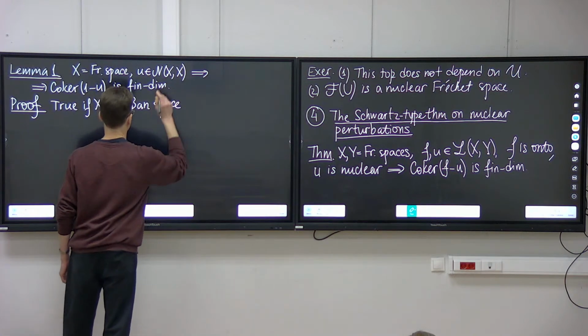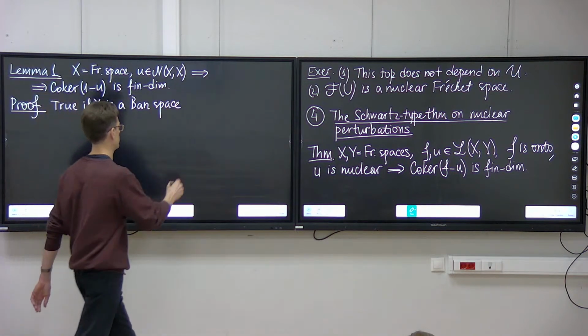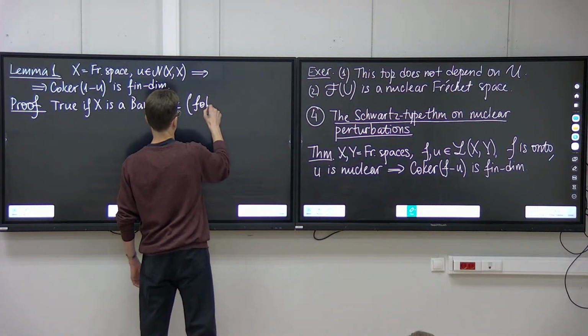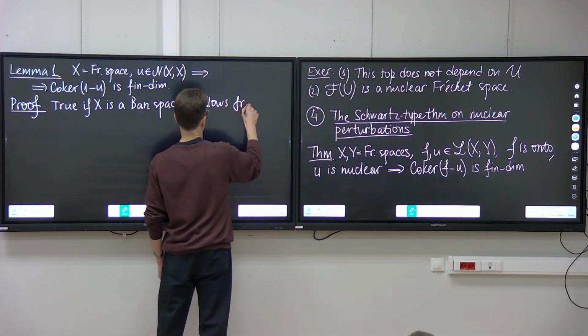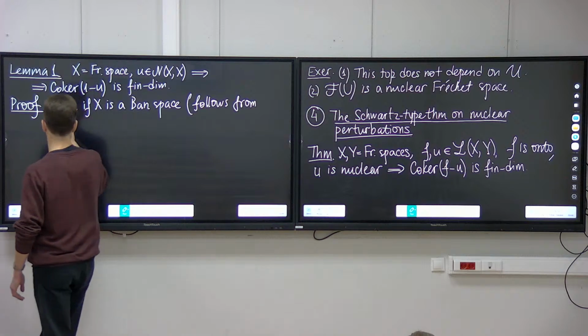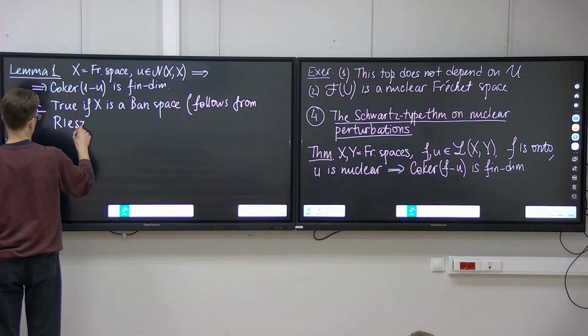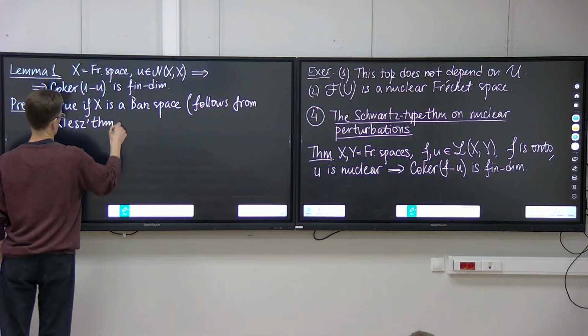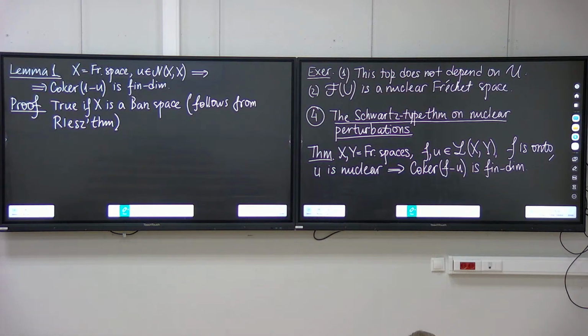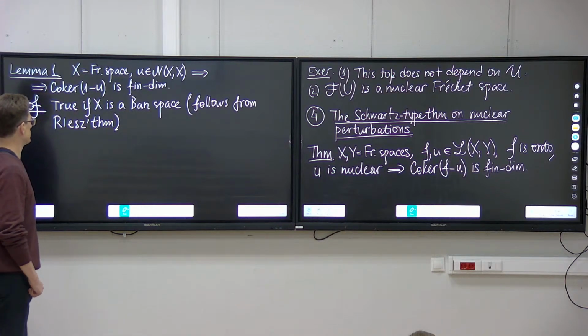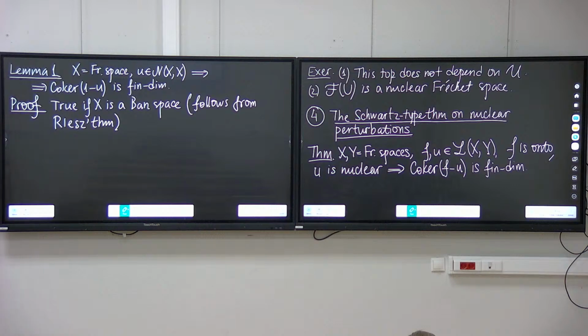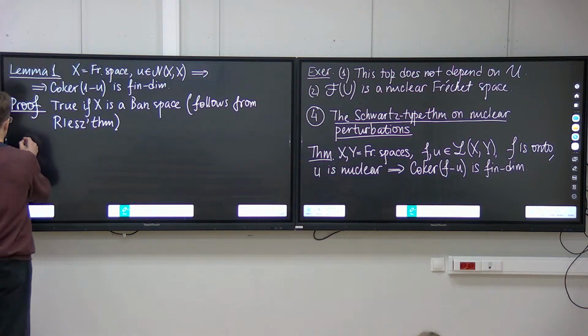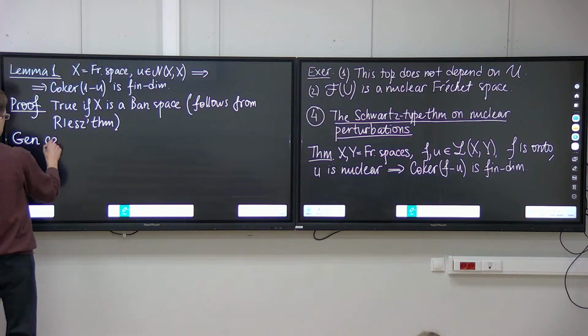This readily follows from the classical Riesz theorem, which is normally proved in any standard functional analysis course. So if U is a compact operator on a Banach space, then 1 minus U is a Fredholm operator of index 0. In particular, its co-kernel is finite dimensional. So let's now consider the general case.